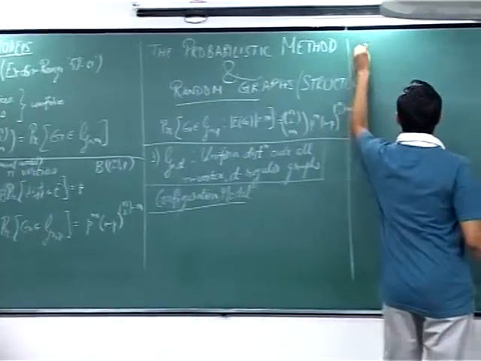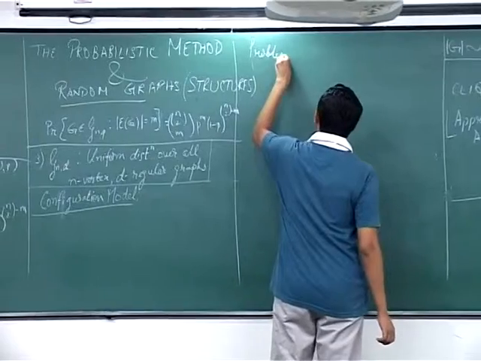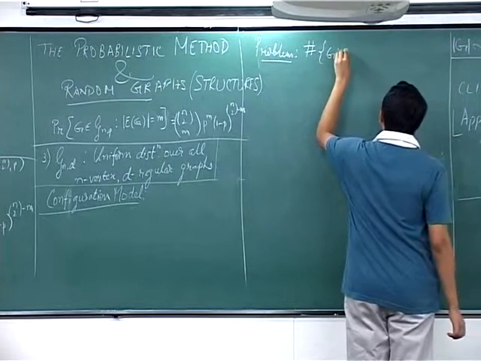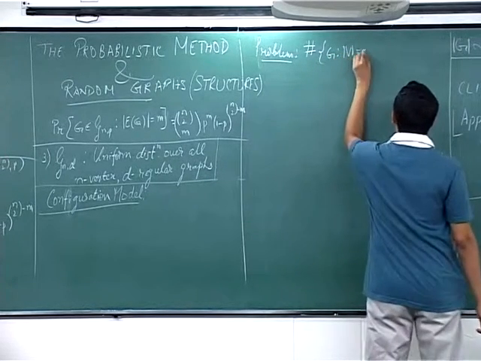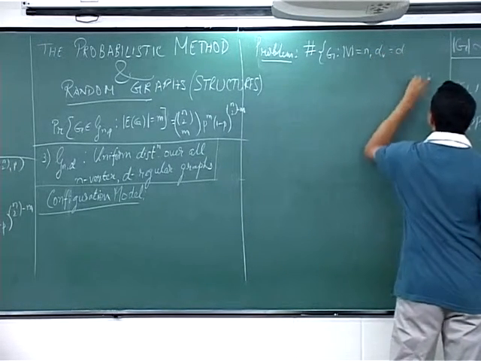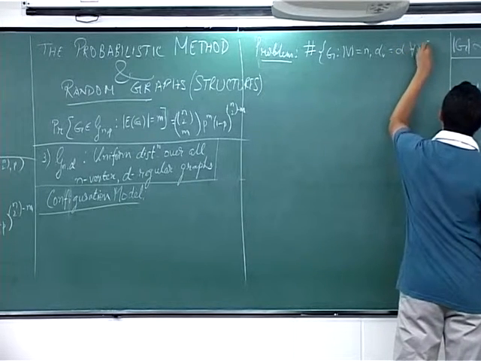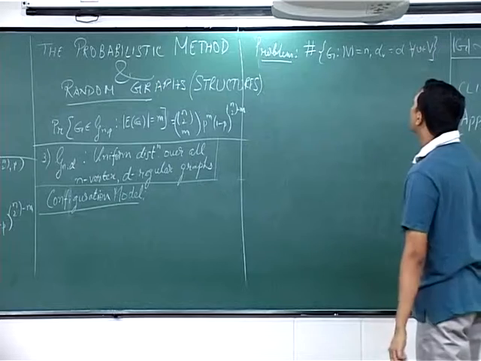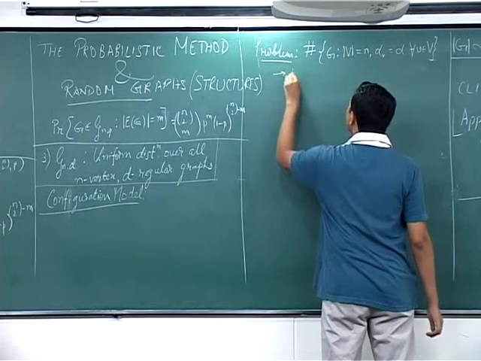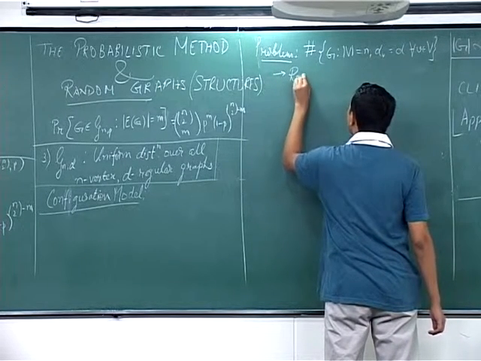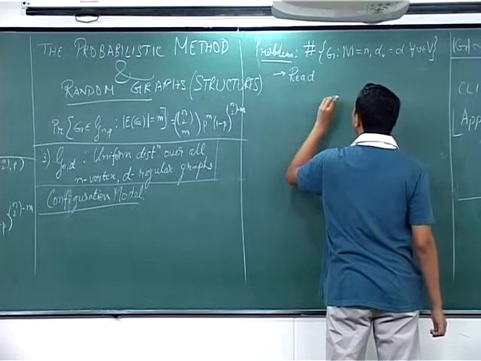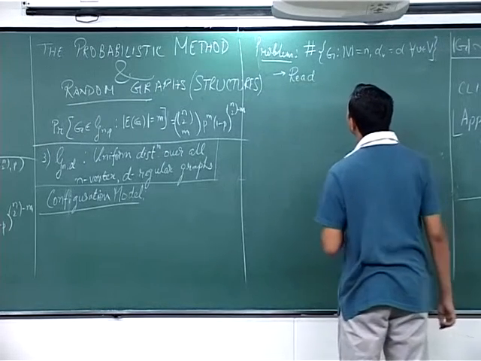The problem is the number of d-regular graphs, and in I think the late 50s or late 60s, a person called Read, or is it Robinson? Read, okay, first got the result.